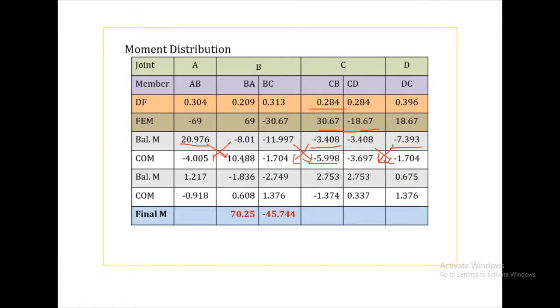Here we have only calculated the final moment for joint B, since that is what is asked in the question. For joint B, that is 69 minus 8.01 plus 10.488 minus 1.836 plus 0.608 will get 70.25, and similarly minus 30.67 minus 11.997 minus 1.704 minus 2.749 plus 1.376 will give us 45.744.